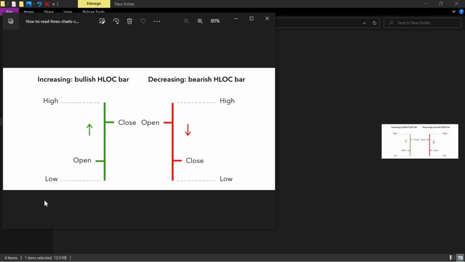So for a bullish day too, you would look for support or anything that would send price to go above the opening price and close above it.